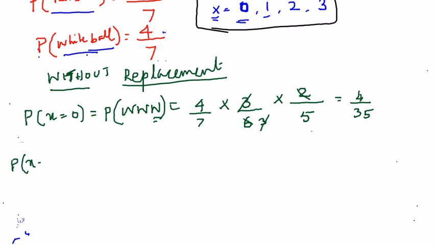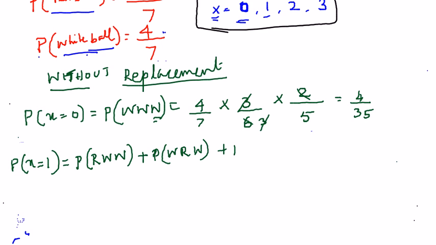This will be interesting. Probability of x equal to 1. That is the probability of getting a red ball the first time, then a white, then a white, or the probability of getting a white, then a red, then a white, or the probability of getting a white and then finally a red ball, right?